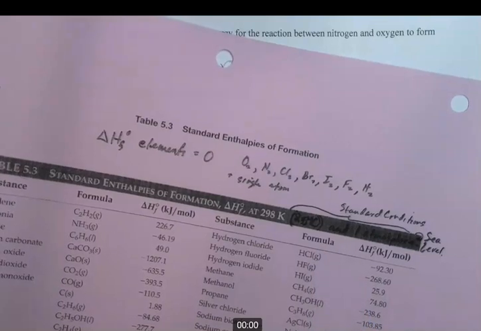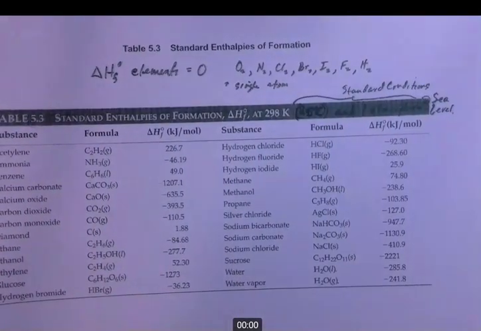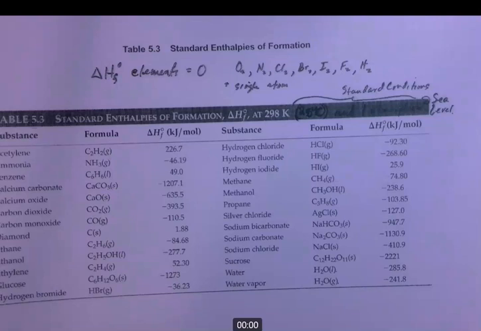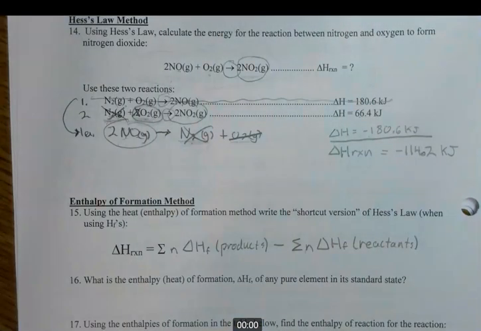So what do you do if you don't see it there? I just want to be sure I'm not missing it here. I don't see NO2. Well, one other place I'm going to look is the front page, to see if it happened to be one of the ones we did there. And I don't see it. So what do we do?